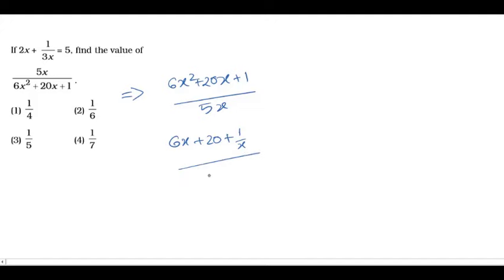x by 5. So we have 2x plus 1 by 3x. So here we need to get 2x, here we need to get 3x. So how is it possible?